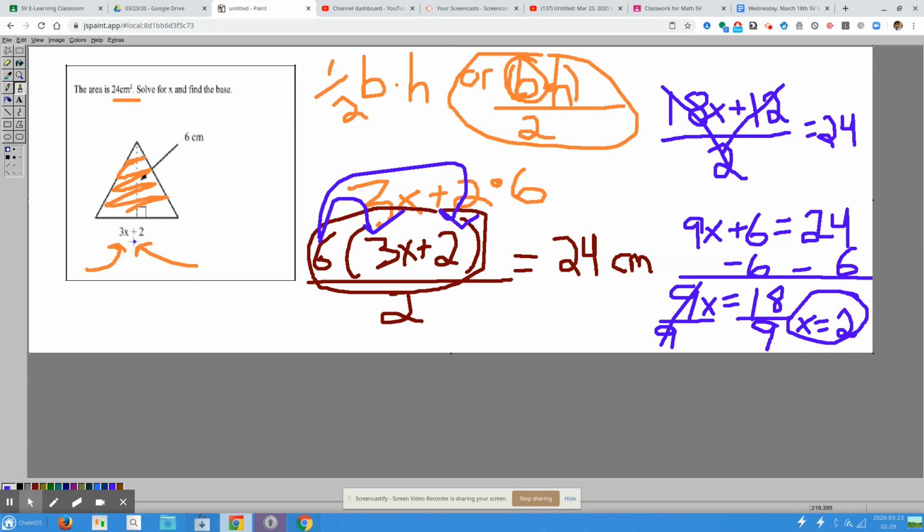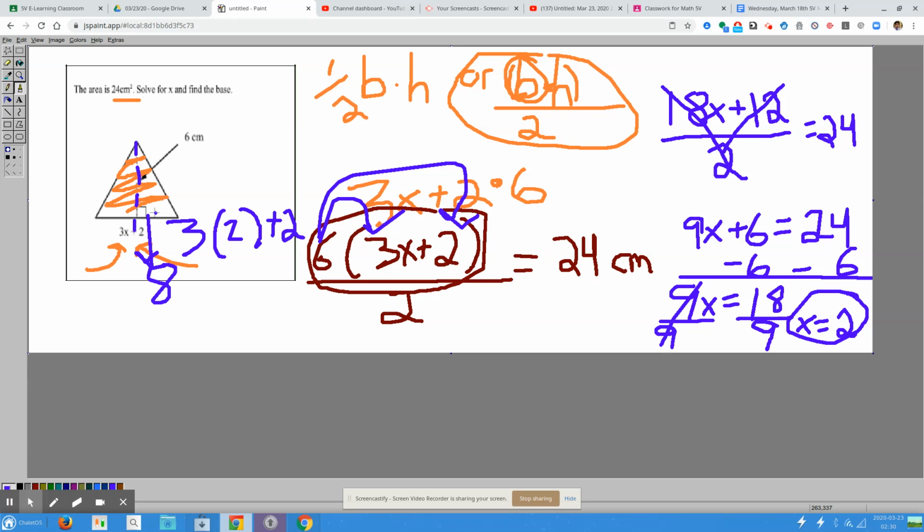If I plug the number 2 back into the 3x plus 2, what I would have is 3 parentheses 2 plus 2. Well, 3 times 2 is 6 plus 2 is 8. The length of the base is 8. The height of the triangle is 6.